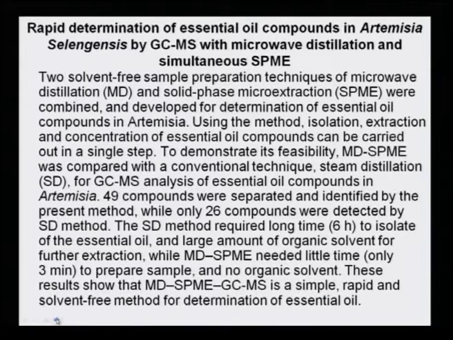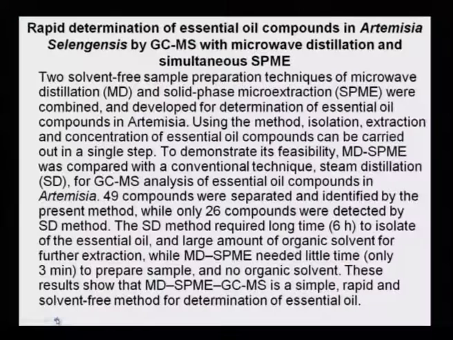To demonstrate its feasibility, the MD SPME was compared with the conventional technique. Why is it superior to the conventional technique? Unless and until, as I told earlier also, we make a comparative data whether conventional is better method or whether this MD SPME method is better, we will not be able to conclude which is superior.